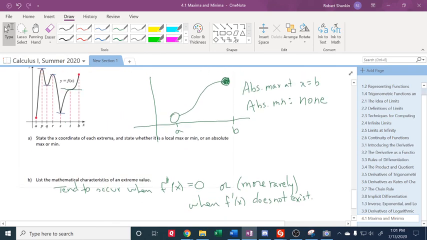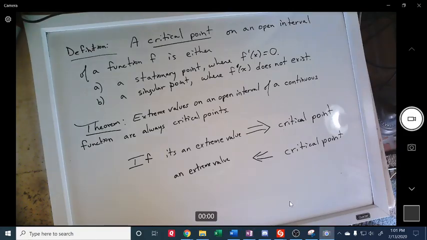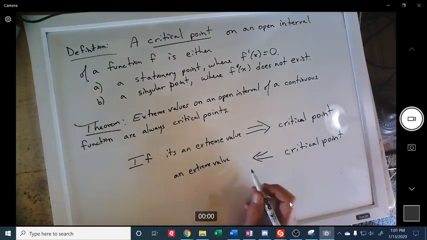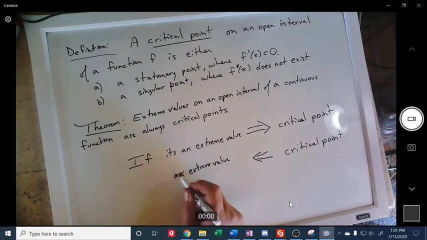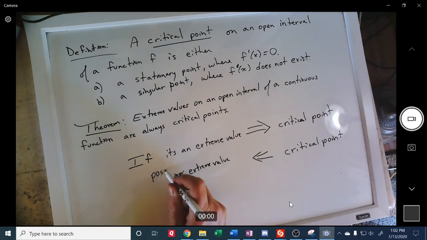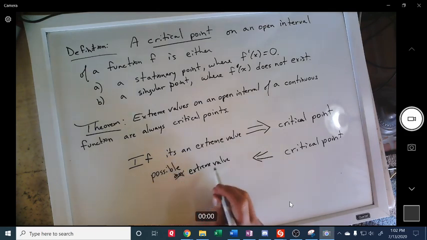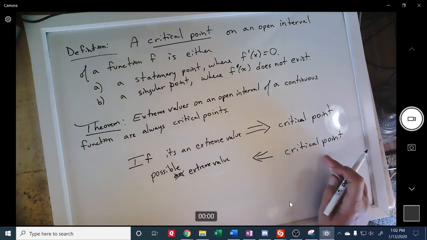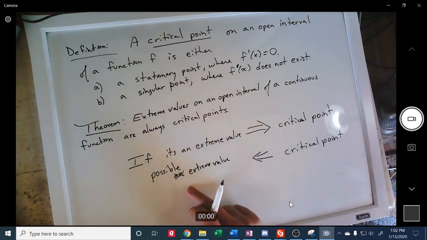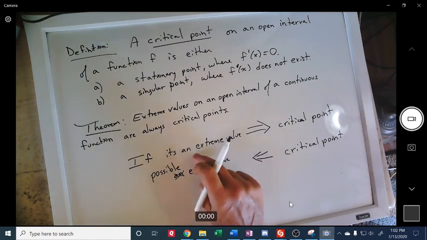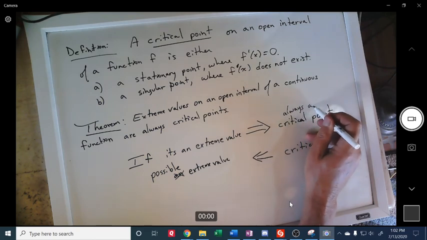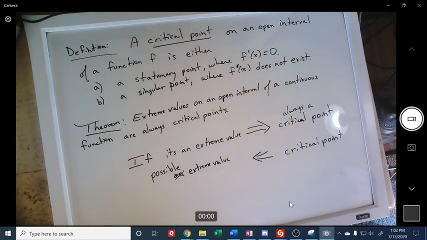To be a critical point is a possible, not necessarily an extreme value. To be a critical point, it's a possible extreme value. If it's an extreme value, it's always a critical point.